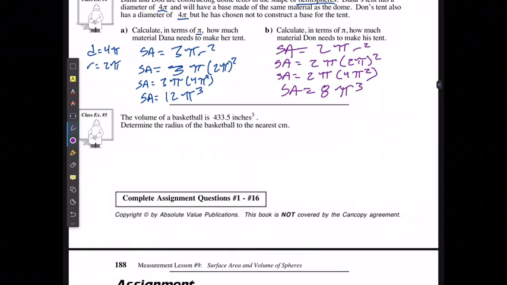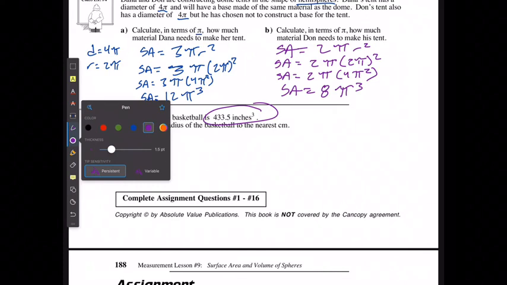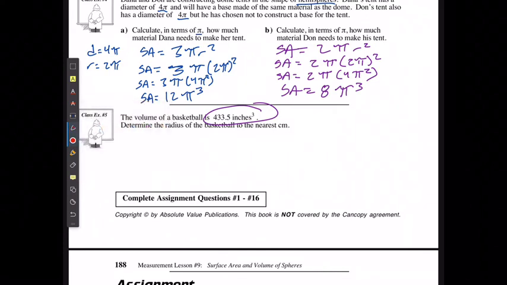And for the last one, the volume of a basketball is 433.5 inches cubed. What is the radius to the nearest centimeter? Well, if the volume is equal to 4 over 3 pi r cubed, then 433.5 is equal to 4 over 3 pi r cubed.